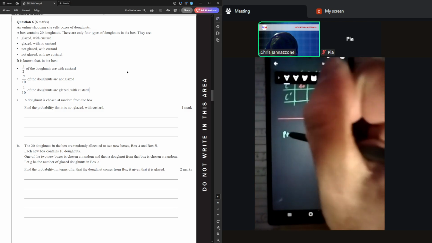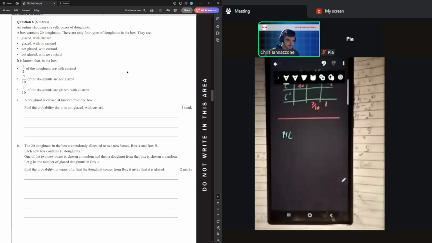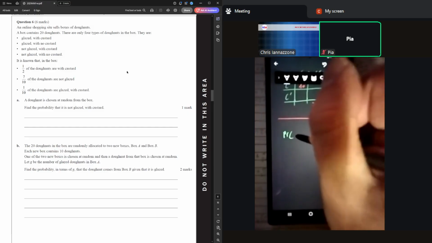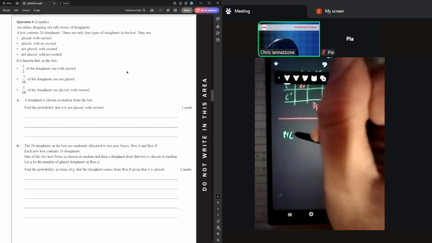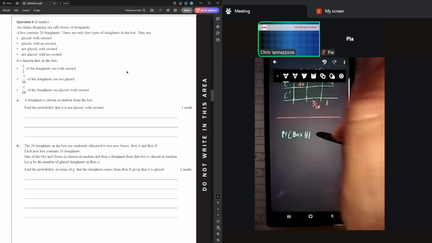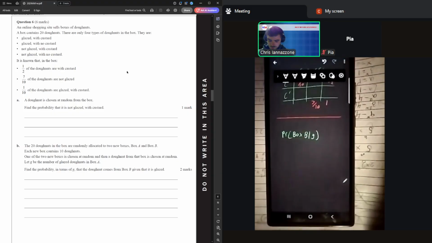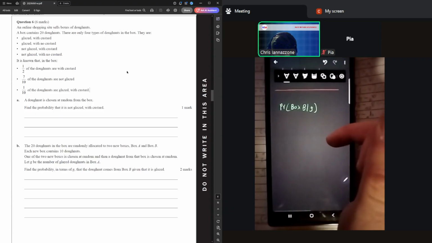It's going to be Pr something as my final answer. What am I actually aiming at? Box B given G. Yeah, box B given glazed. Nice. So we'll say box B given G for glazed. That's our target. Cool. Now I know what I'm looking for.